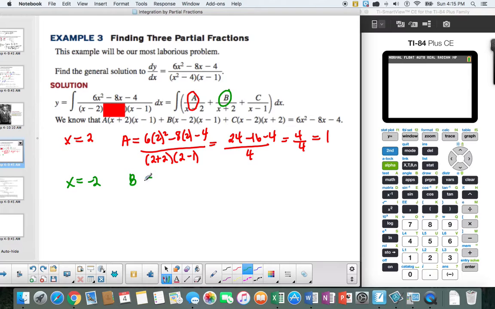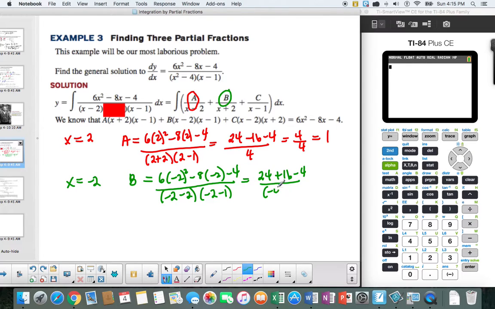And so B will be equal to 6 times -2 squared minus 8 times -2 minus 4, all over -2 minus 2 times -2 minus 1, and I'm going to get 24 plus 16 minus 4, all over -4 times -3, and that's going to be 36 divided by -12, which is equal to -3.